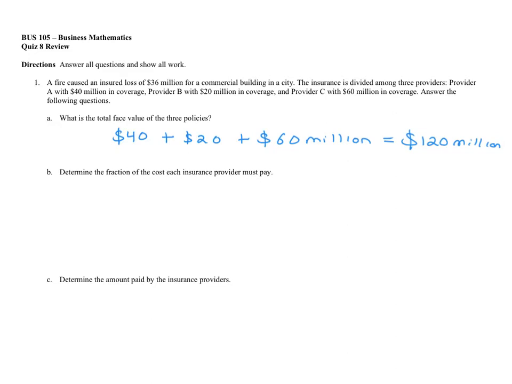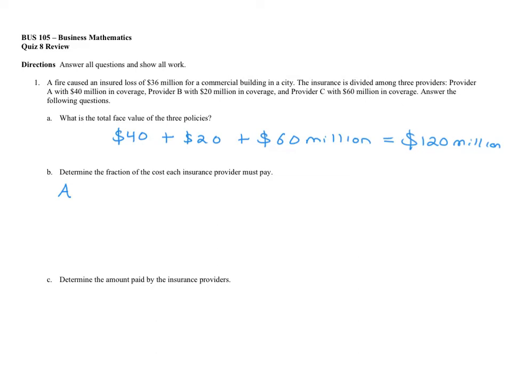For Part B, we need to determine the fraction of the cost that each insurance provider must pay. Let's say we start with provider A. Their policy is for 40 million out of a total 120. So we're going to take these two numbers and divide them. That's the fraction of the 36 million that they will owe.